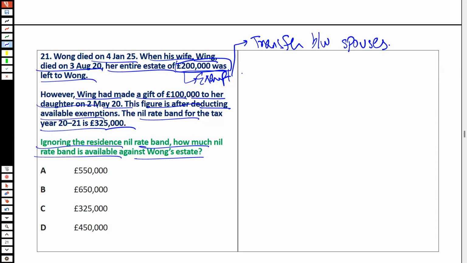So the NRB for Wong would be Wong's own plus Wong's wife's unused NRB, which will be transferred.